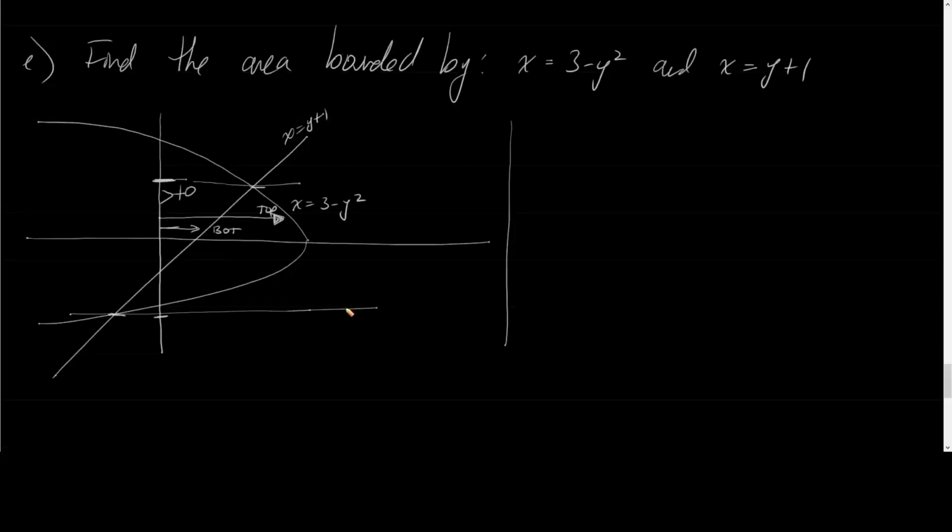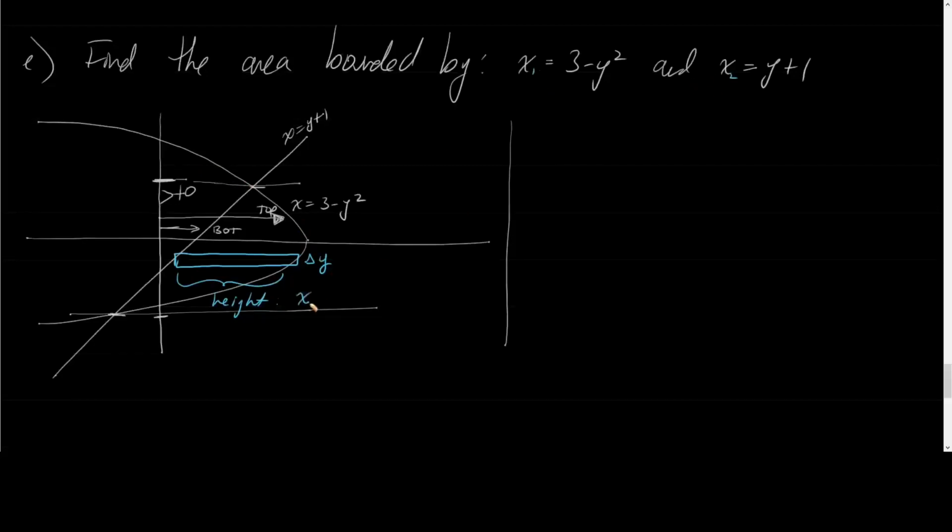Now, to be a little bit more exact here, if you really want to think about the representative rectangle, well, let's do this. So here's my representative rectangle. The width here is going to be delta y now, but the height in this case is going to be, well, this function. So I'm going to call them x sub 1 and x sub 2.